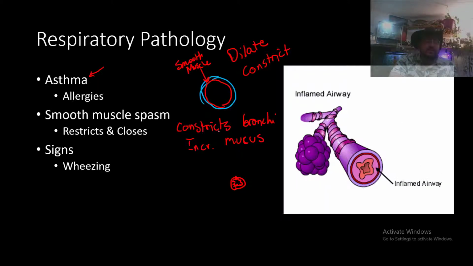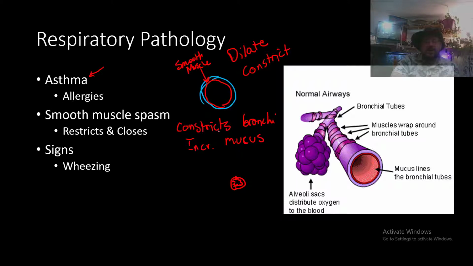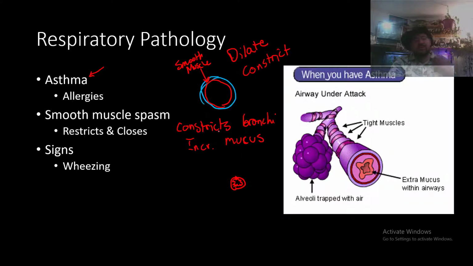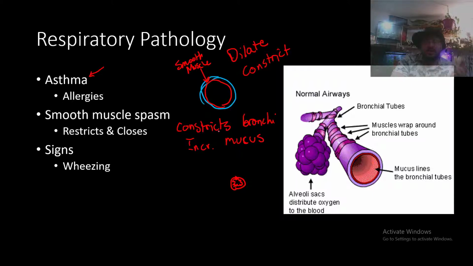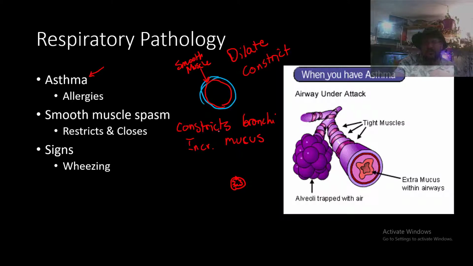So visible signs, one of them is wheezing, right? If you are wheezing when you are breathing, that's because the smooth muscle has constricted the bronchus, and the increased mucus means that you're having to pull air through mucus past your larynx, and it's causing a wheezing sound. So difficulty breathing and wheezing are signs that are useful in diagnosis of asthma.